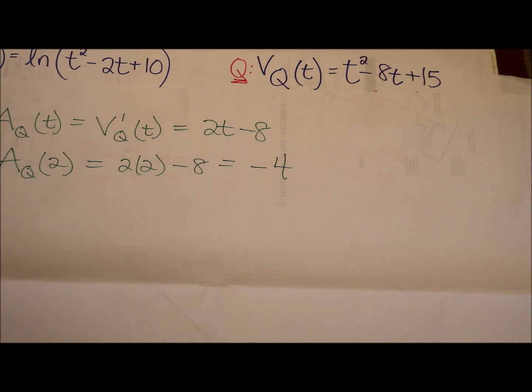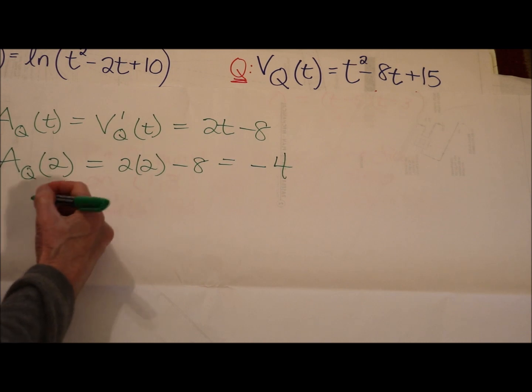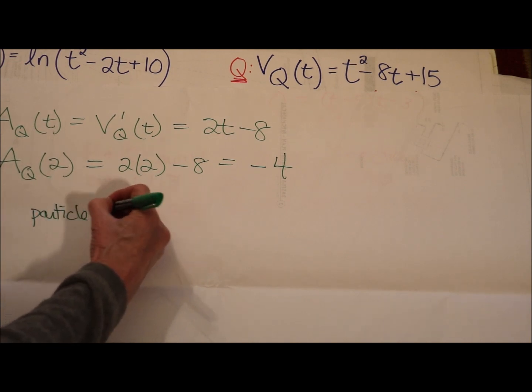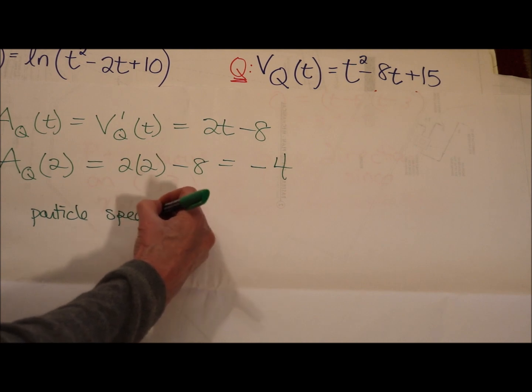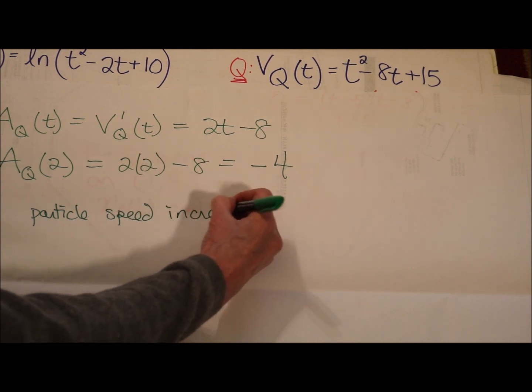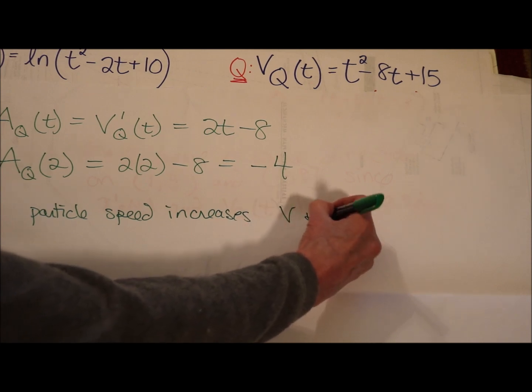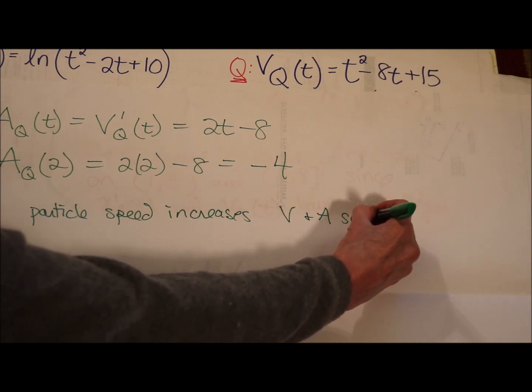Now, the next question: is the speed of the particle increasing, decreasing, or neither at time t equals 2? So let's remember, a particle's speed is increasing when the velocity and the acceleration have the same sign.